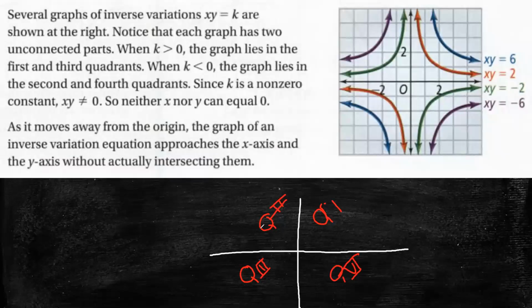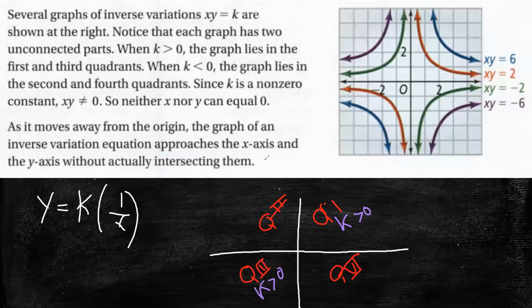Now, I told you the inverse variation is y equals k times 1 over x, or k over x. So the graph depends on the value of k. What did I mean? If k is greater than 0, the graph will be in quadrant 1 and quadrant 3.